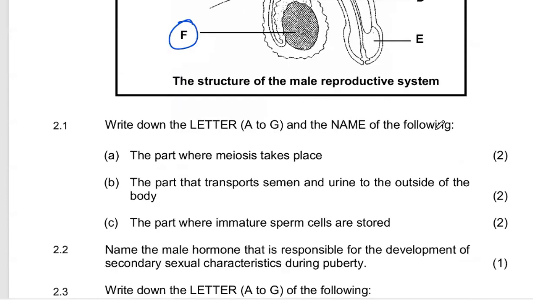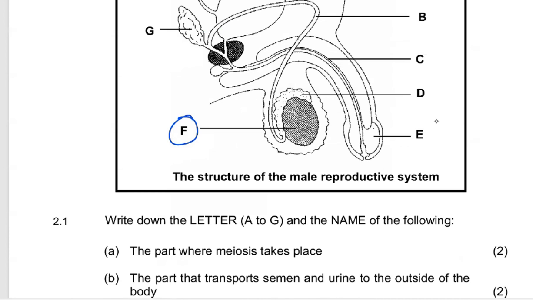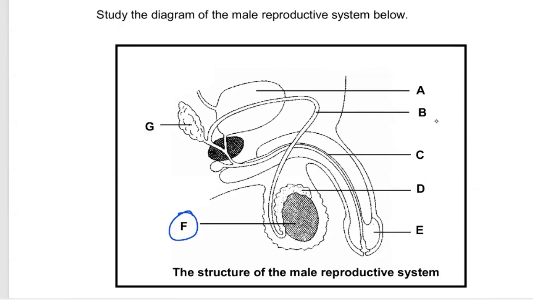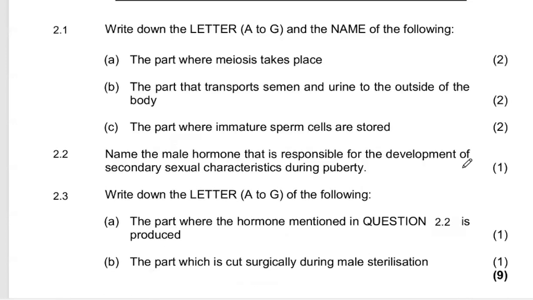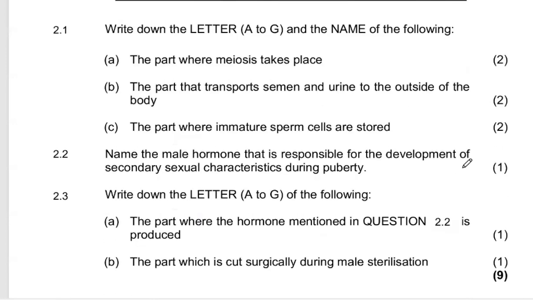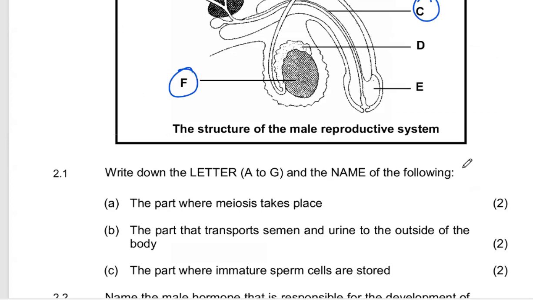So meiosis takes place in the testis, which is F. The part that transports semen and urine to the outside of the body is the urethra, which is C. The part where immature sperm cells are stored: remember I said it's the epididymis.